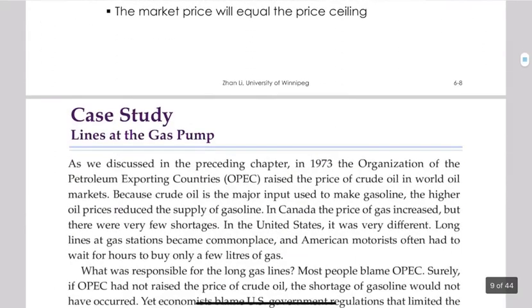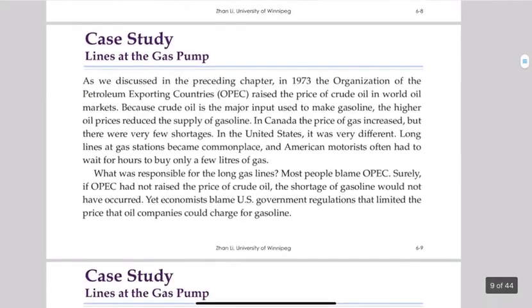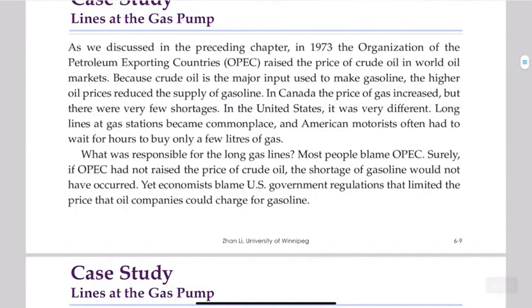Okay, now let's look at one interesting example. We have learned in the last chapter that in 1973, OPEC raised the price of oil in the world. And this increased the gas price in both Canada and the US.